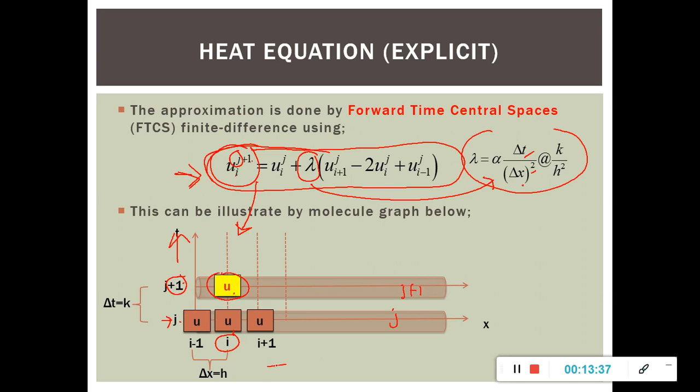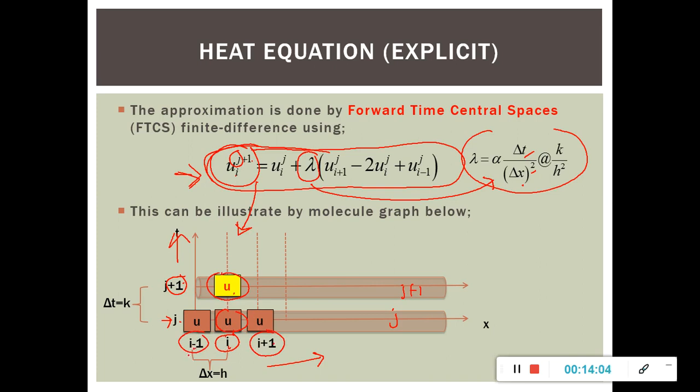But in the x-axis, the central point we consider as i. The coordinate behind, or at the left of the central point, is i minus 1. Then the coordinate in front, or on the right of i, is i plus 1. So this is i, this is i minus 1, this is i plus 1.